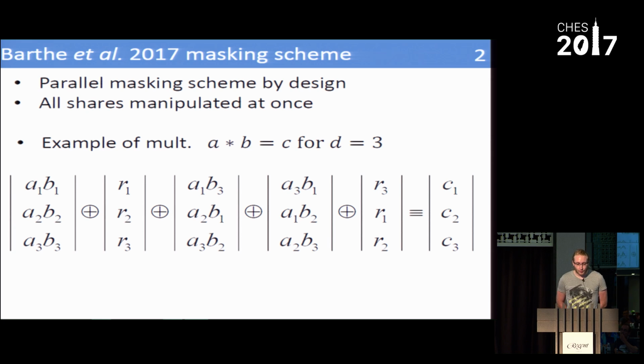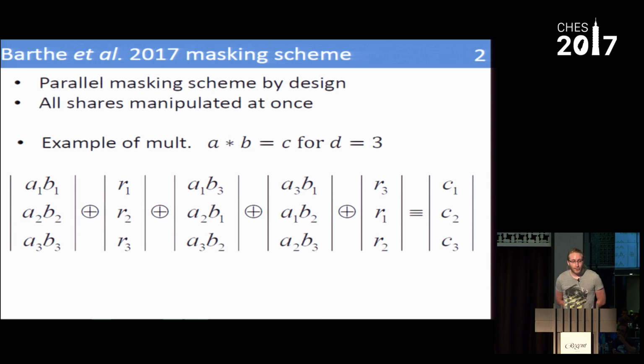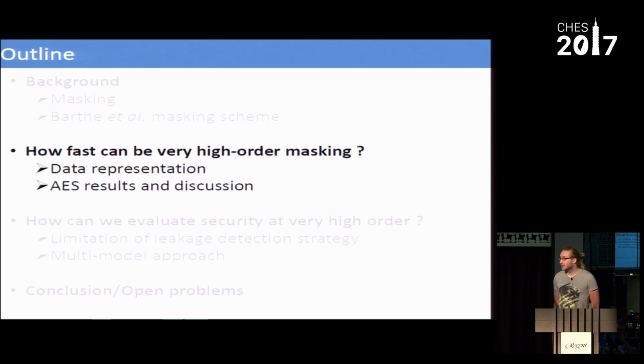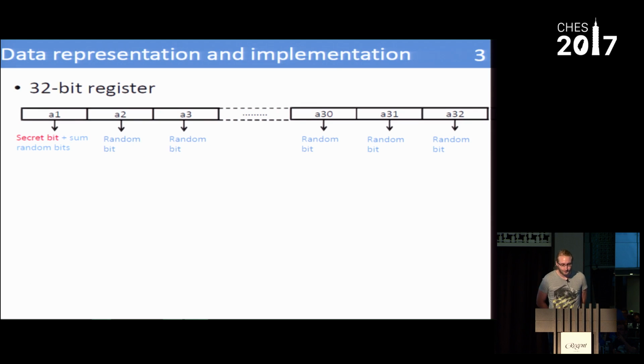First we need to compute the cross products between the two values A and B, between all the shares. And then we just interleave some fresh randomness between those cross products. Here we can already see that all the elements of each vector can be manipulated in parallel.